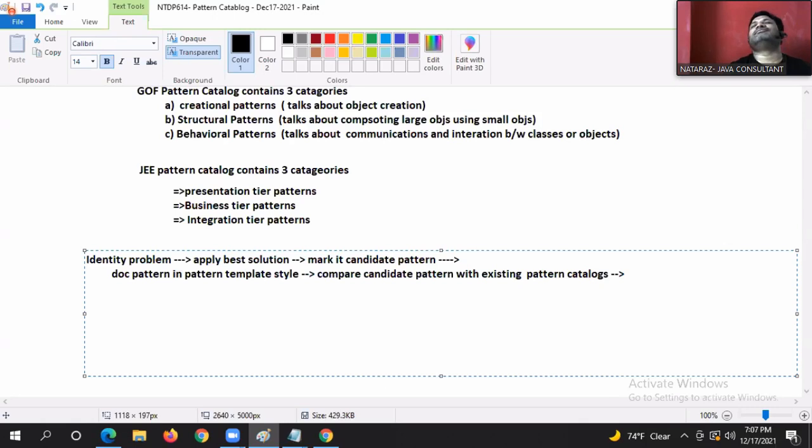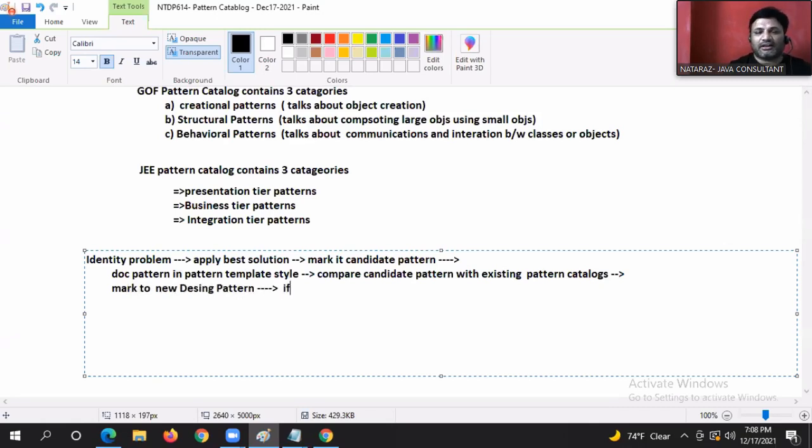Come on. With existing pattern catalogs. Mark it as new design pattern. Not there, na?